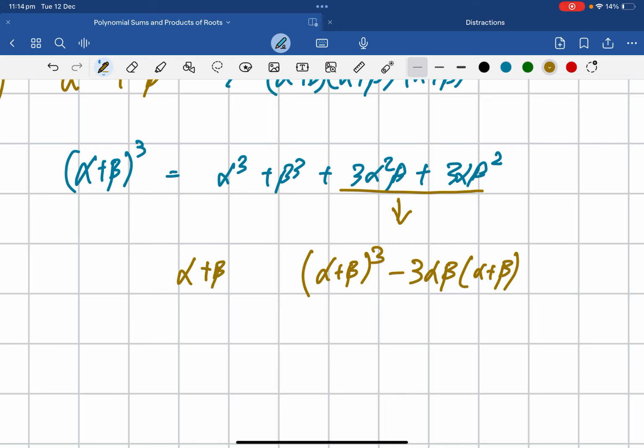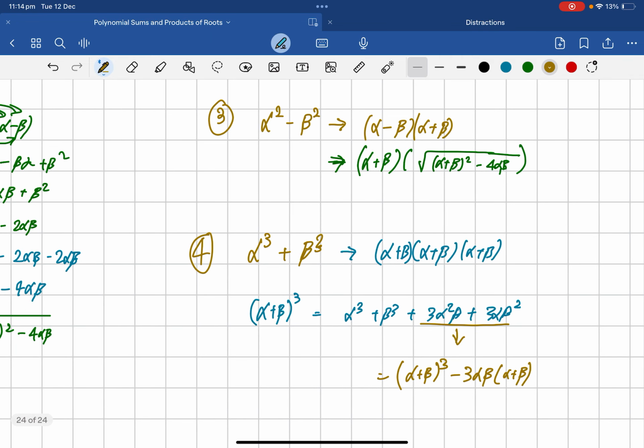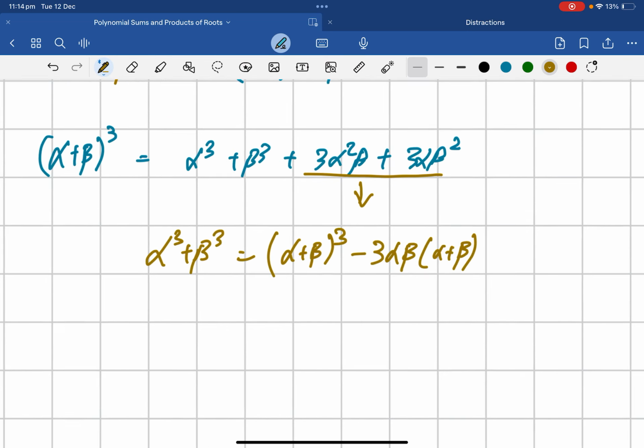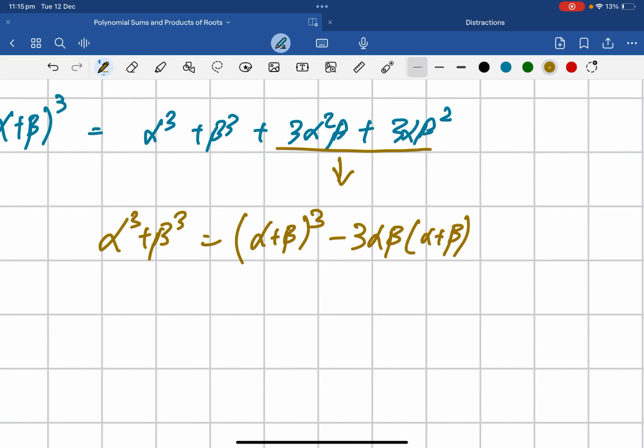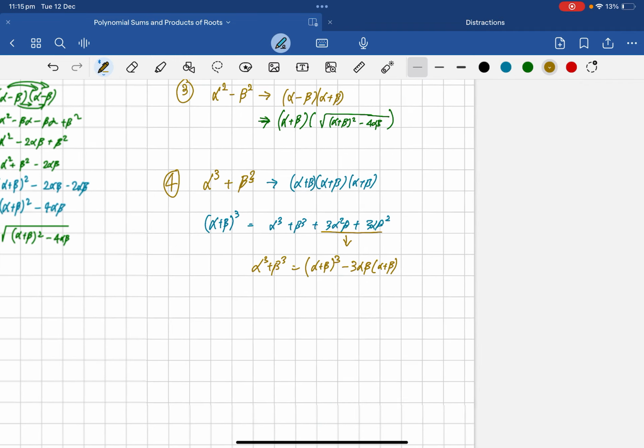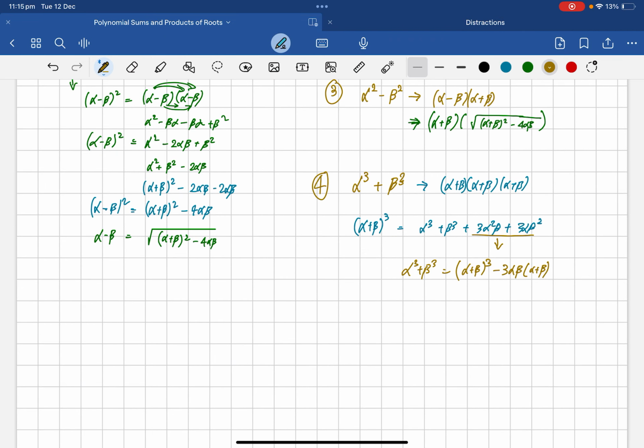Alpha plus beta whole cubed is equal to alpha cubed plus beta cubed plus this plus that. You take this, it stays here, right? So alpha cubed plus beta cubed, and that is your identity. That is the right answer. Okay, gotcha. Now let's move on to the next one.